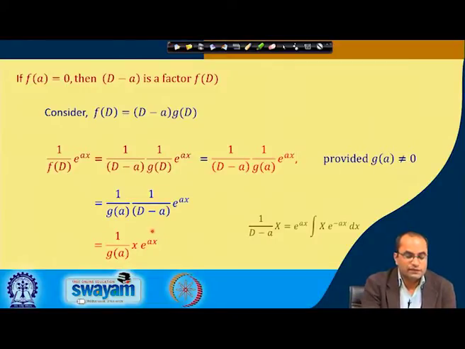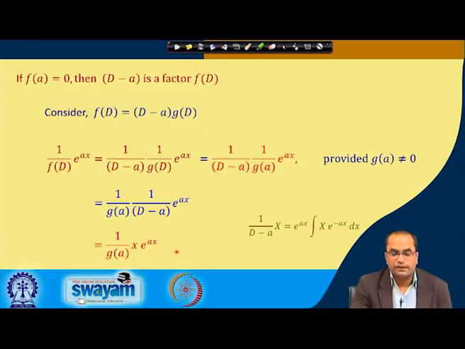So, that means we will again operate on this x e power a x. So, what will happen if we operate again 1 over D minus a on x e power a x? This formula again will be used. So, instead of this X, we will replace now x e power a x. So, e power a x will get cancelled, we will have x there, and the integral of this x will be x square by 2. So, we will get as a result, when this is square here, x square by 2 e power a x.